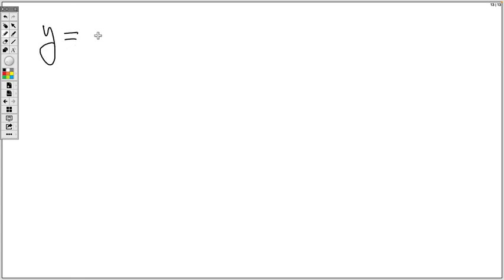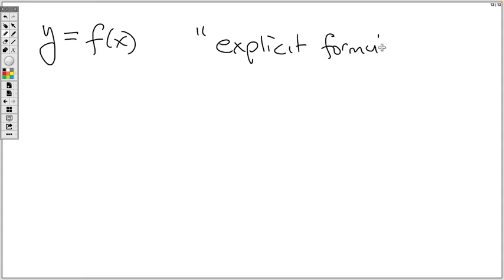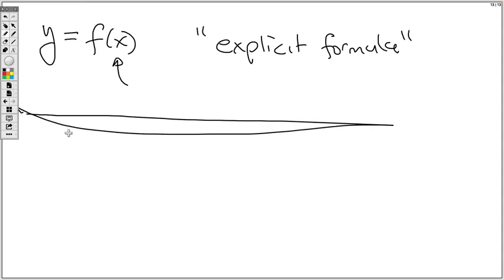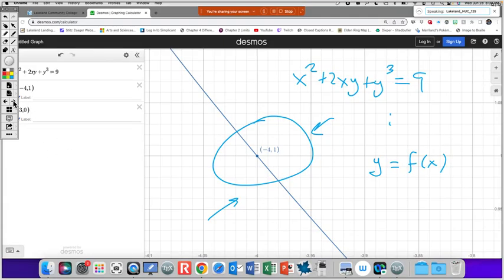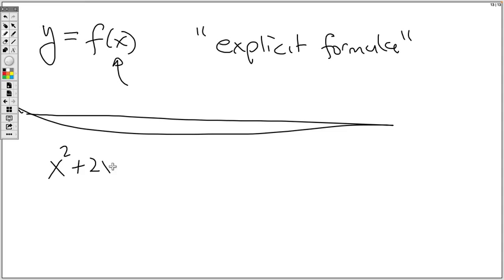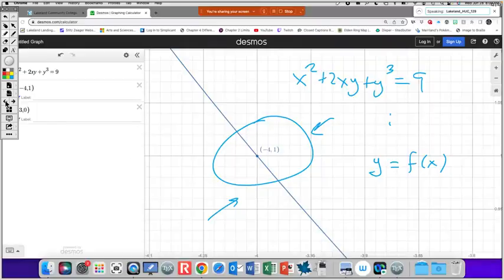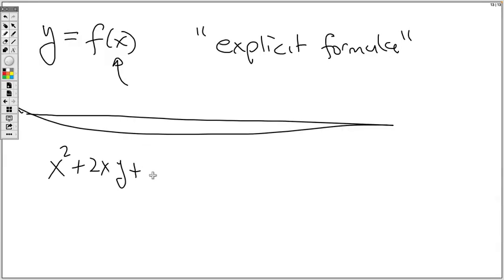So when you have y equals f of x, this is often called an explicit formula. y is a function of x explicitly, because you basically got y solved completely in terms of x. In the example we're looking at here, x squared plus 2xy plus y cubed equals 9.